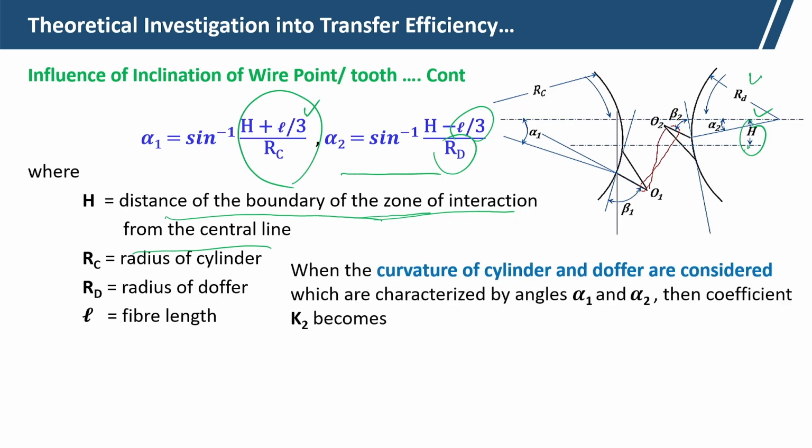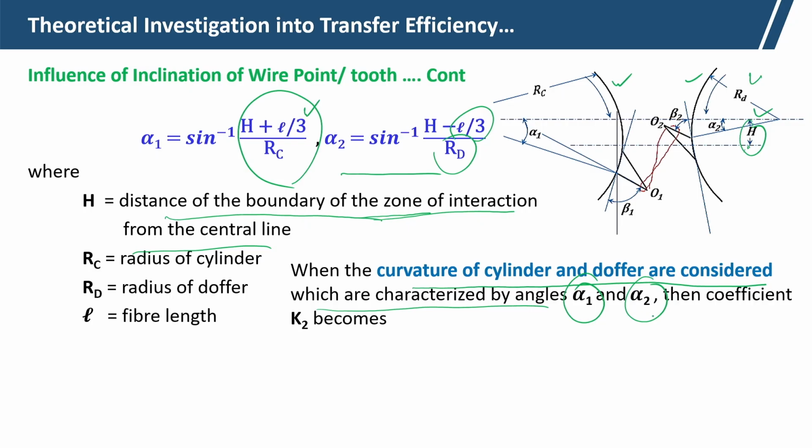When the curvature of cylinder and doffer are considered, which are characterized by angle alpha 1 and alpha 2, if you change the curvature, alpha 1 and alpha 2 change. So, now we are discussing the diameter of the rollers, both cylinder and doffer.